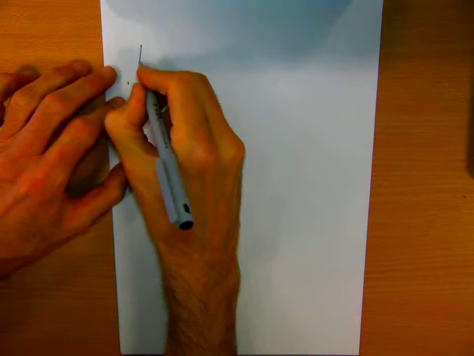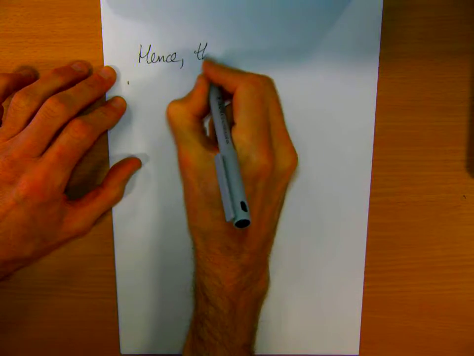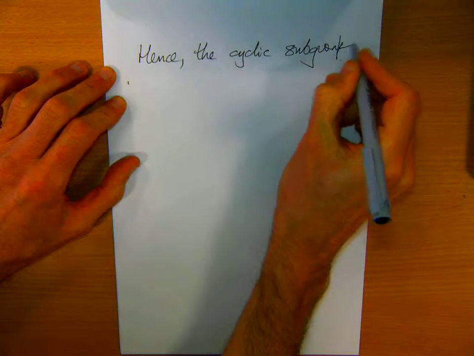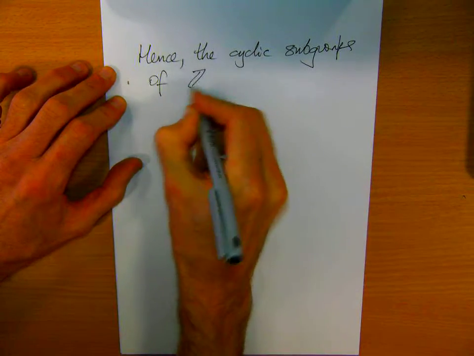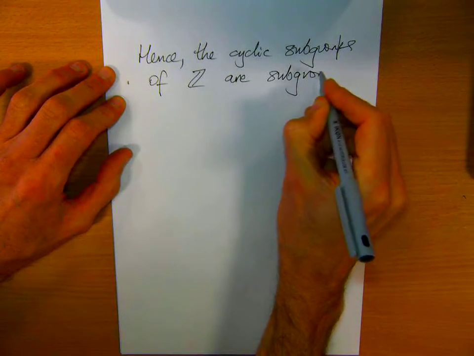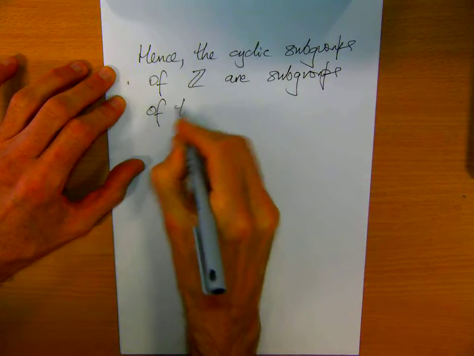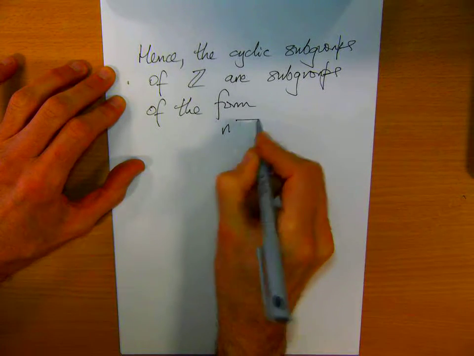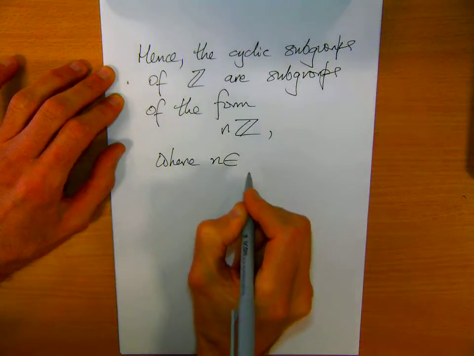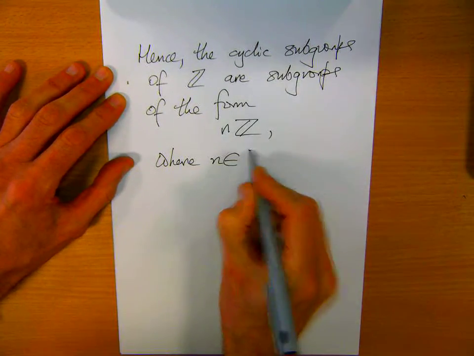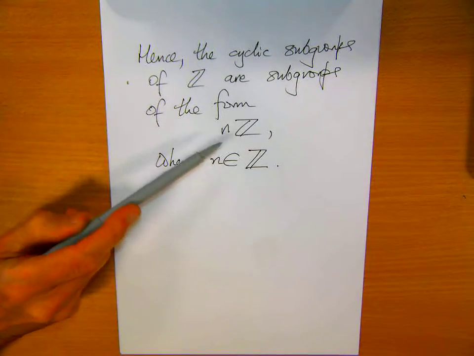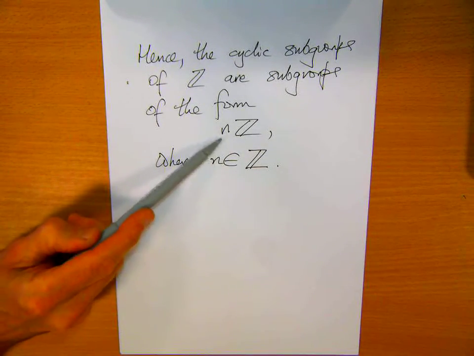I'm switching my use of n a little bit, but hopefully that won't confuse. So the cyclic subgroups are of this form.